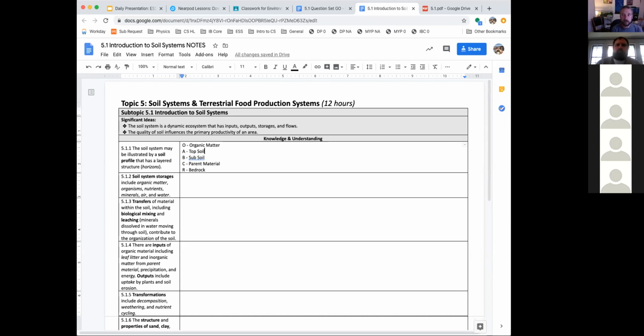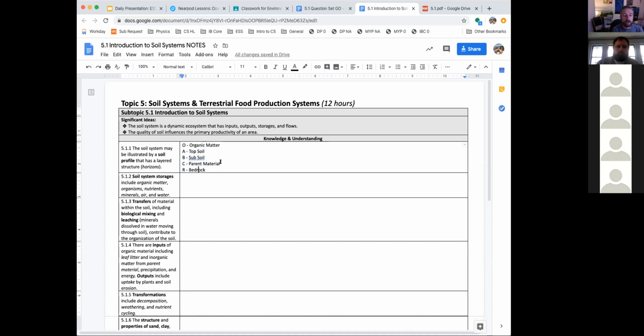And all of these different horizons, all of these different layers store organic matter, organisms, nutrients, minerals, air, and water. All right, we know that most of the organic matter is in the top 2. We know that water can be stored at all levels, much less in the bedrock, but water can be stored throughout.